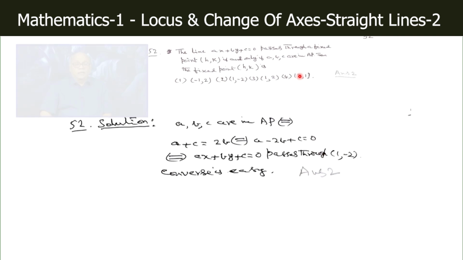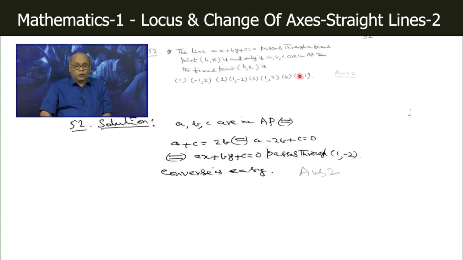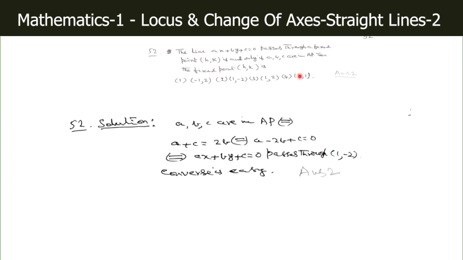Suppose in the equation Ax plus By plus C equal to 0, A, B, C are in AP. So you know that B is equal to (A plus C) by 2, or A plus C is equal to 2B, which indicates that A minus 2B plus C equal to 0. So this clearly indicates that the line Ax plus By plus C equal to 0 passes through 1 comma minus 2.